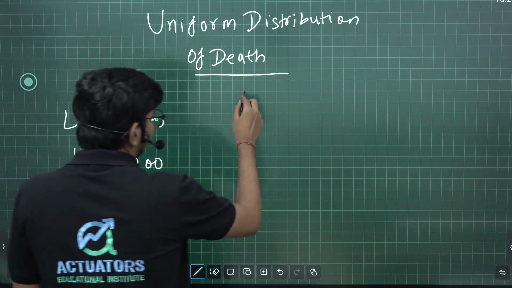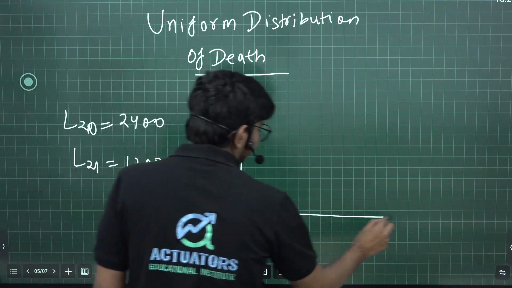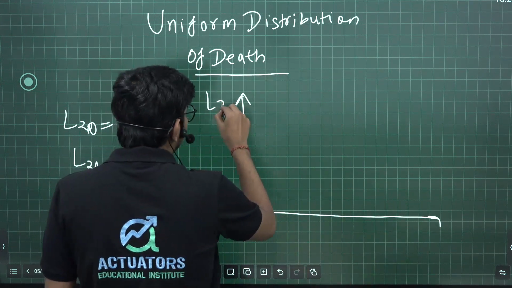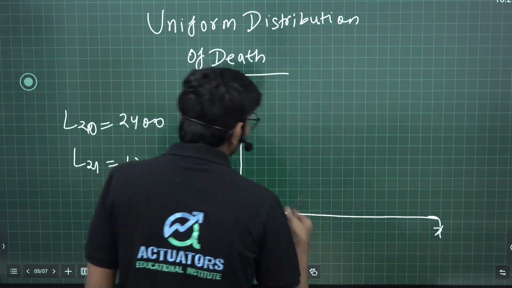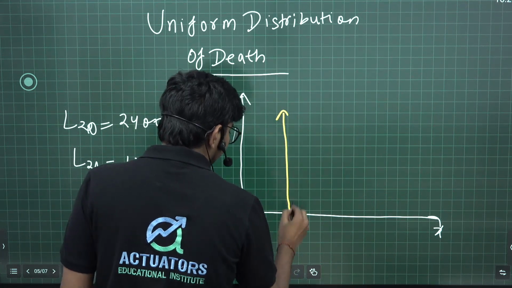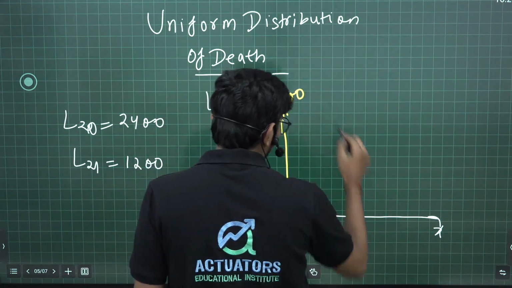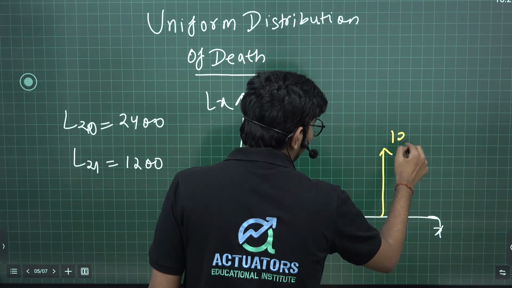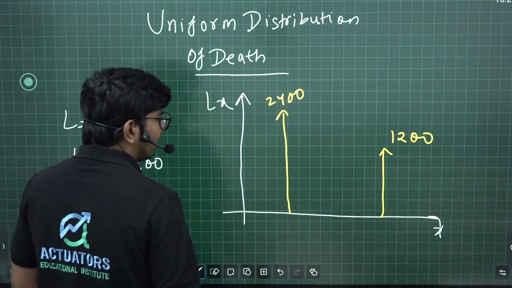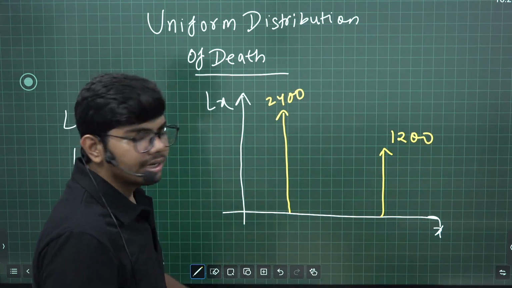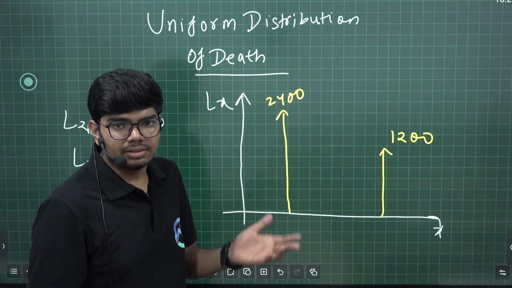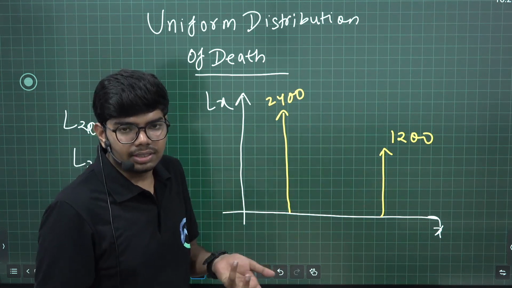Now we have to go from 2400 to 1200. If I were to make a graph, let's say this is LH and this is AH, then this would be 2400 and this would be 1200. I just have to go from 2400 to 1200. This should be very easy. We can just make a line and do that.